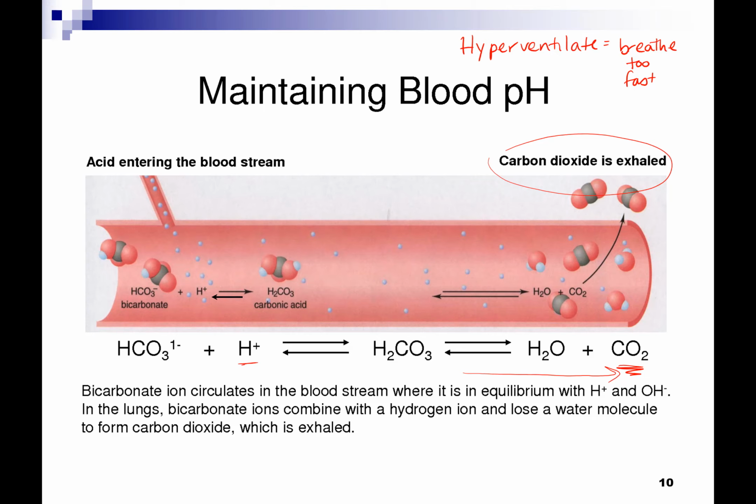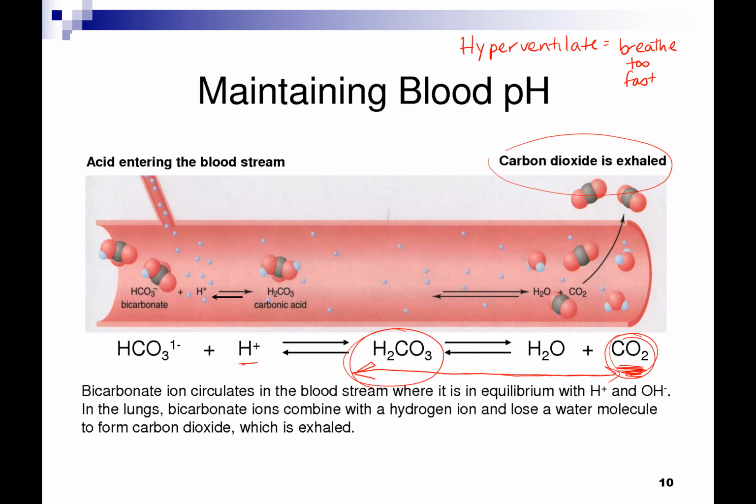Instead of a nice exhale to get the CO2 out, you build up CO2, which goes back, and we actually build up a base. Okay. So our system can get too basic. So if someone's hyperventilating, you have them breathe slowly, they're getting rid of more of that CO2, and they're helping restore the blood pH.